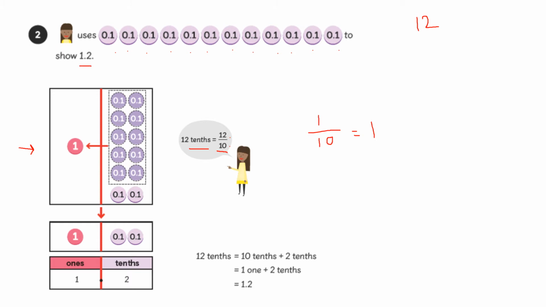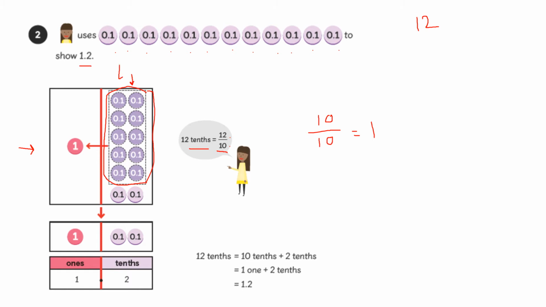Cast your minds back. Hopefully, I think I might have heard someone say, yes, Miss Saulo, 10 tenths will be equivalent to 1 whole. So this is what we can see here. Layla has regrouped all of her counters, and although she started off with 12 tenths counters, she's regrouped to make 10 tenths, and we know that when you regroup it, that then becomes 1 whole.